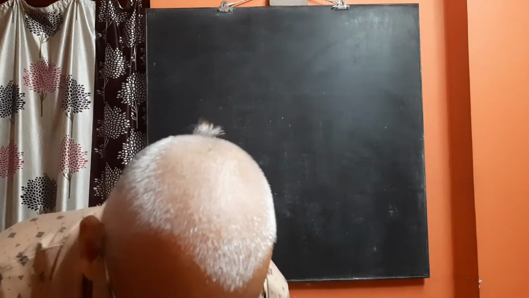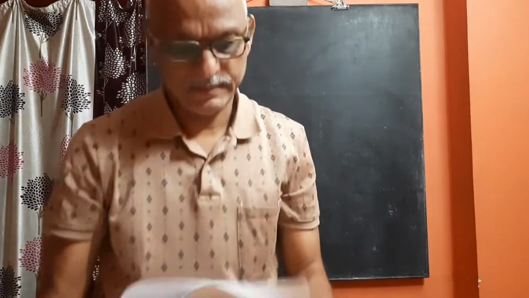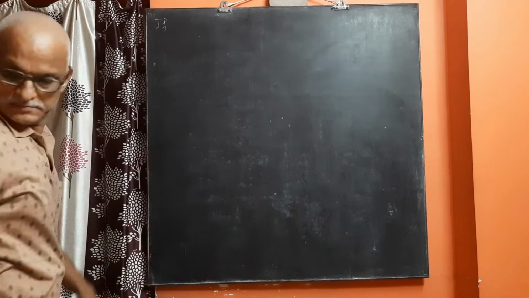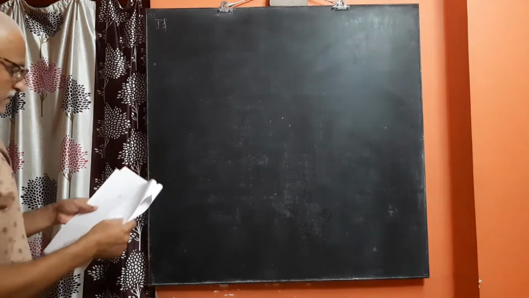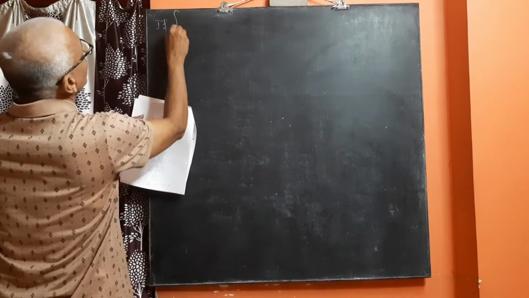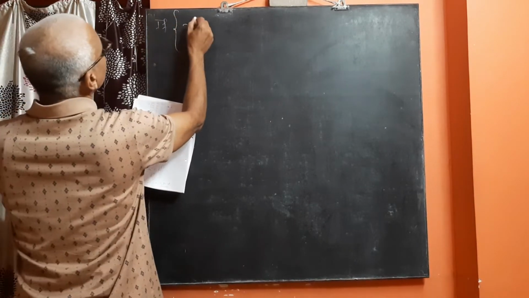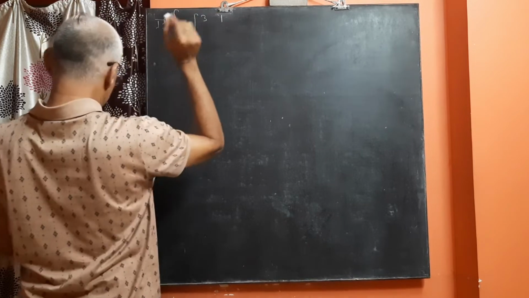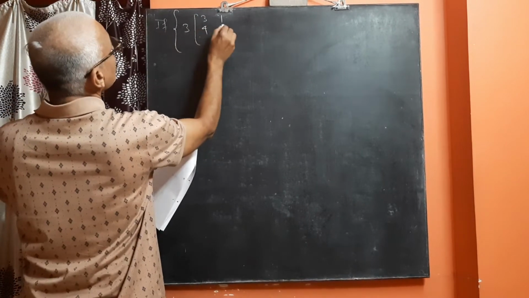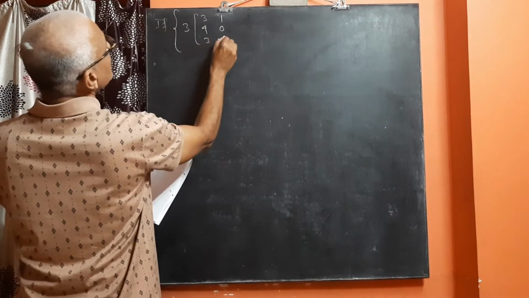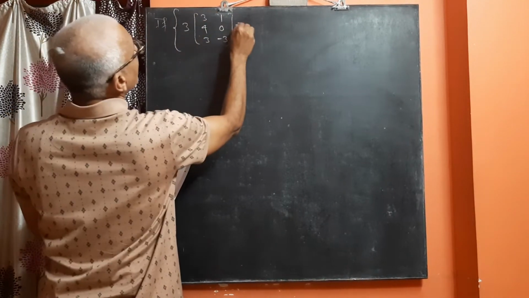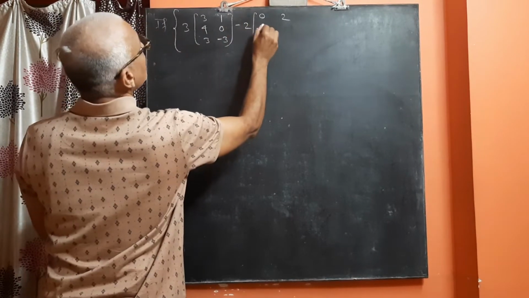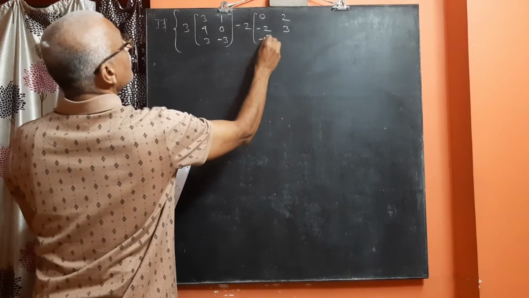There is, in curve bracket, 3 into matrix of 3 1, 4 0, 3 minus 3, minus 2 into matrix of 0 2, minus 2 3, minus 5 4.